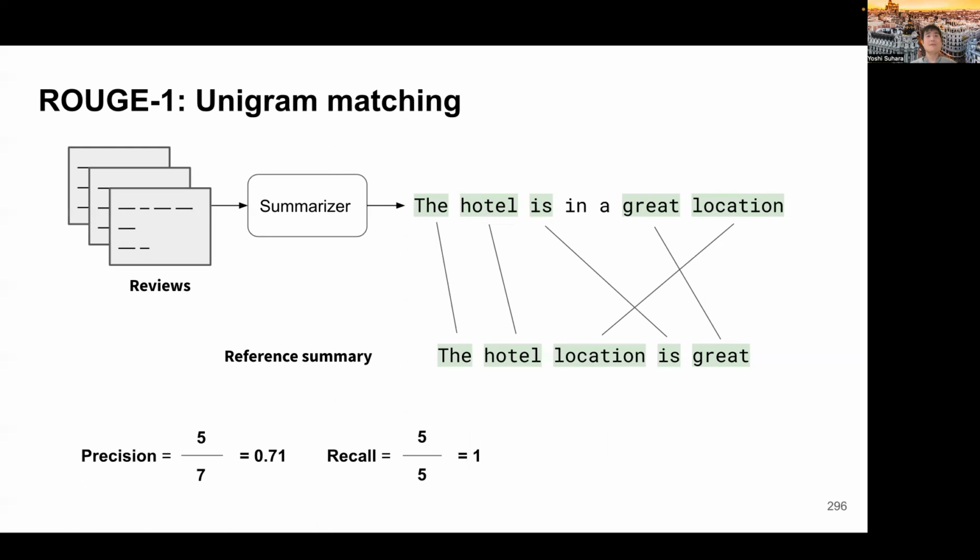In this case, 5 out of 5 unigrams in the reference summary appear in the generated summary, so the recall is 1. Finally, by taking the harmonic mean of the precision and recall values, we can calculate the ROUGE-1 F1 score for this generated summary.